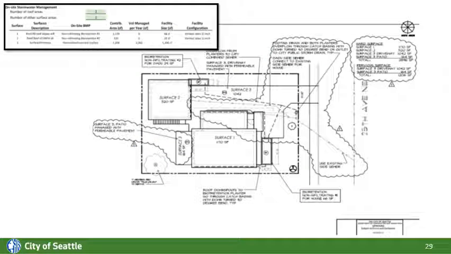Here's just another example where they, again, are identifying the different surfaces by number that are consistent with the summary sheet, clearly showing the dimensions for the BMPs on the plans and clearly showing all of the overflow connections to the approved point of discharge. This is, again, another connection to the combined sewer.